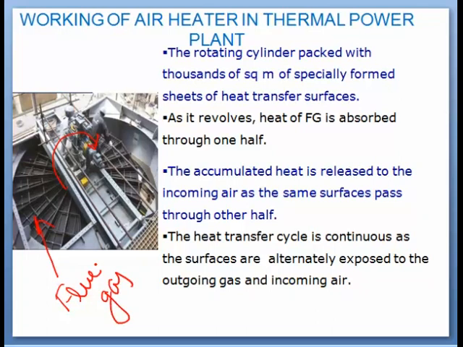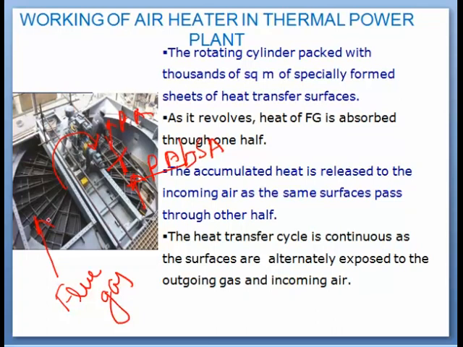So once this segment comes in contact with this flue gas, it will absorb the heat of the flue gas. And after rotation, when it moves and comes to this side, through which primary air or secondary air, anyone, if it is a bisector, either primary air or secondary air will pass. If it is a trisector, there will be two segments, one for PA and the second one for secondary air.